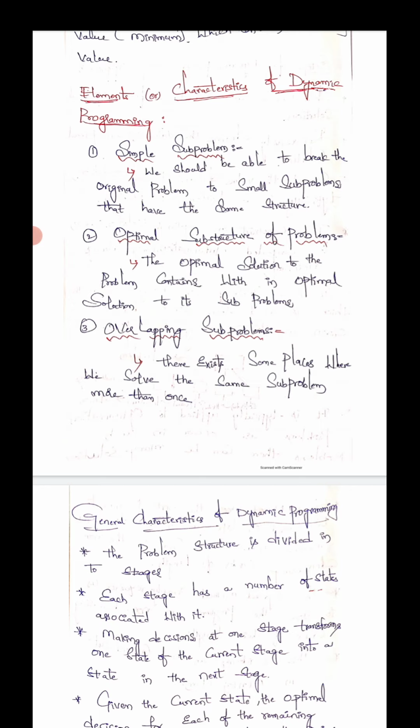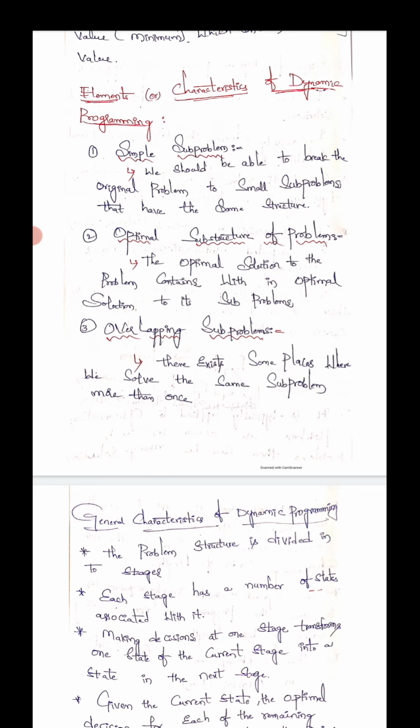In the sense, we are given the current state, and the optimal decision for each of the remaining states does not depend on the previous states or decisions. Wherever we need to solve subproblems more than once, that is said to be an overlapping subproblem.